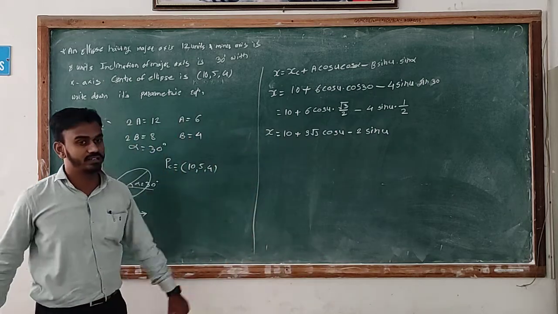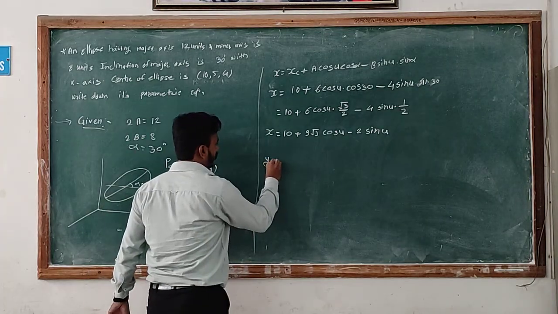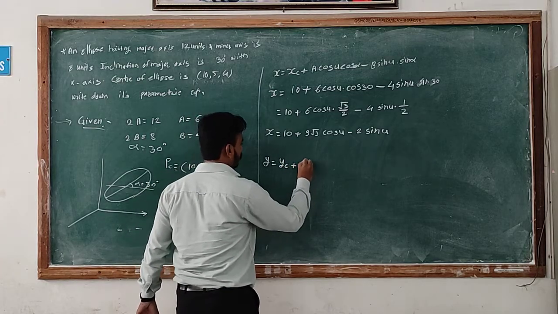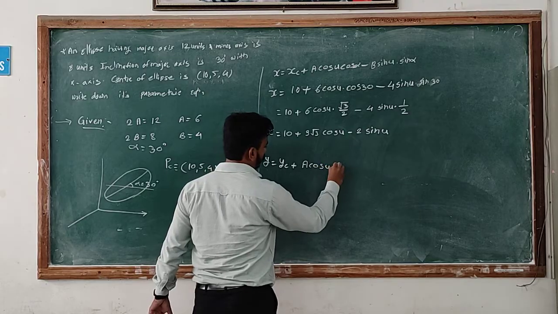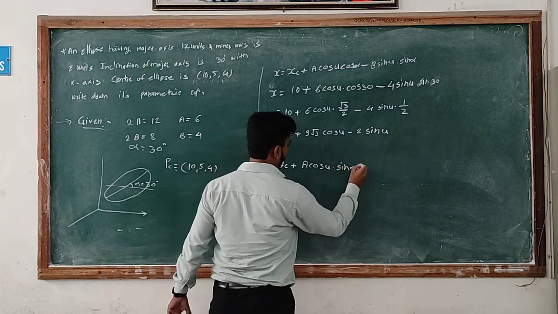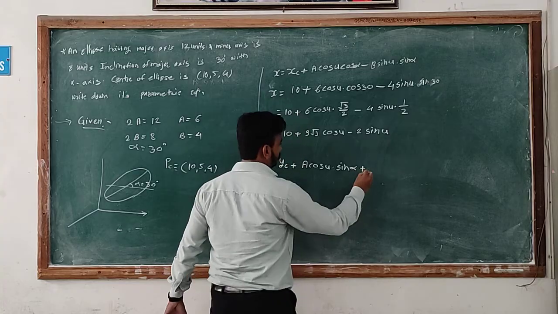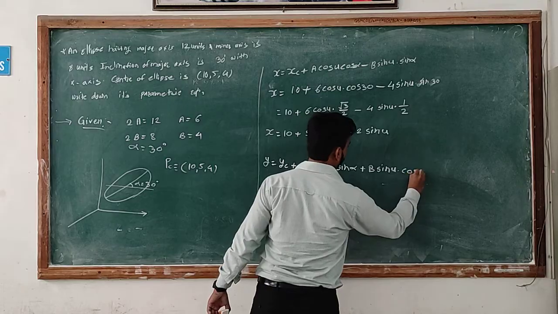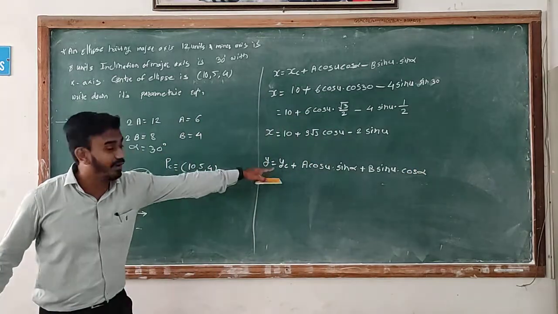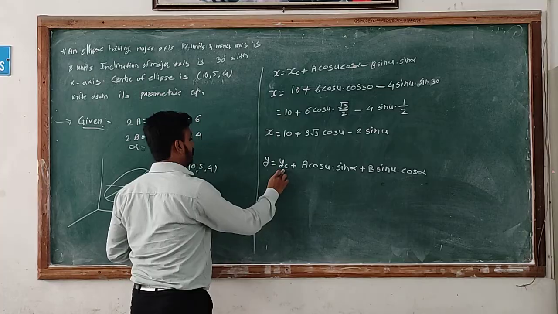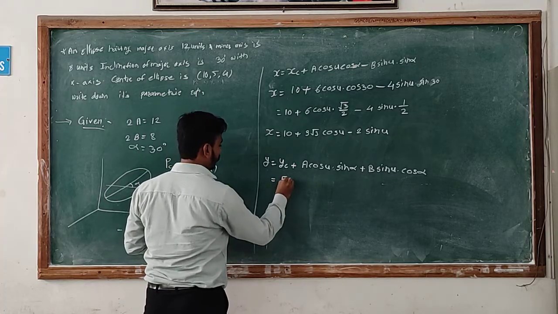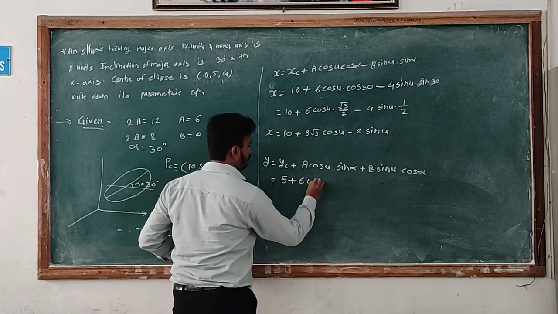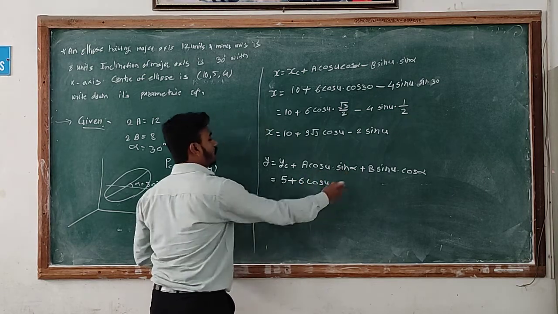So this is the x coordinate. Similarly, we have to find the y coordinate. y is equal to yc plus a cos u sin alpha plus b sin u cos alpha. What is the value of yc here? yc is equal to 5 plus a, which is 6, cos u remains the same, into sin alpha.